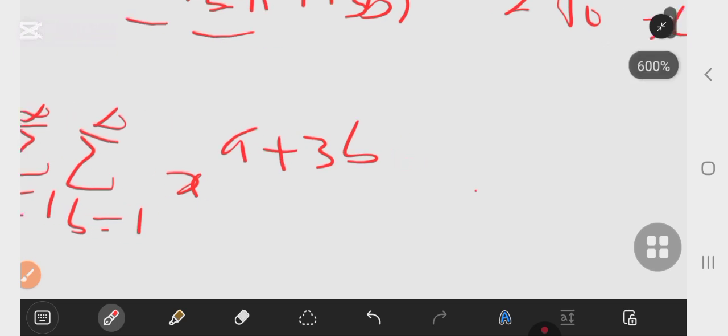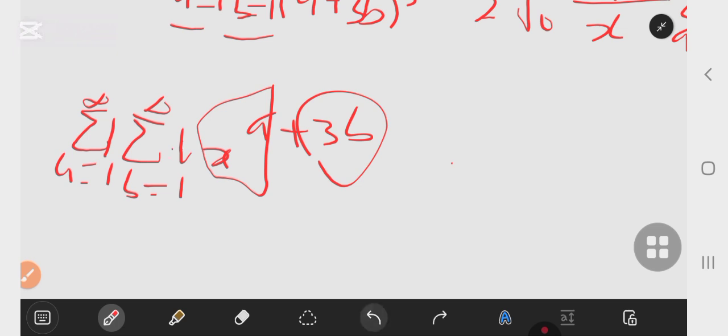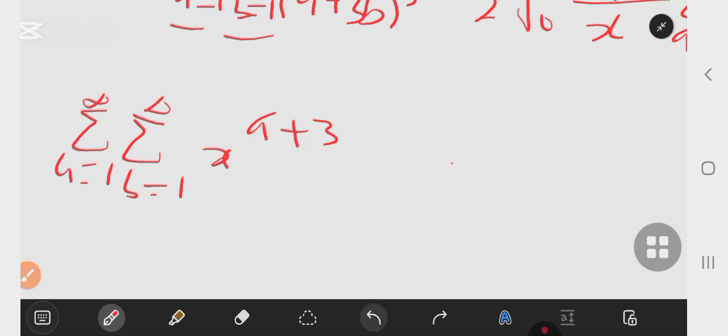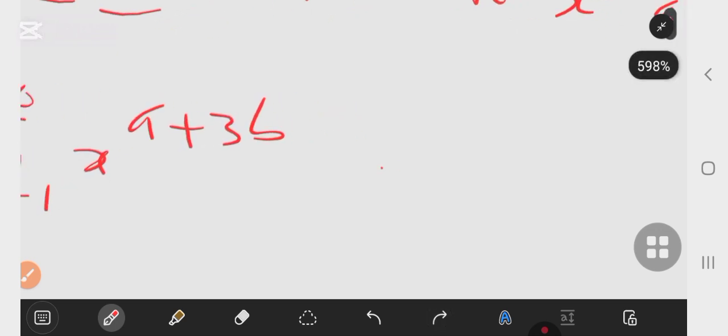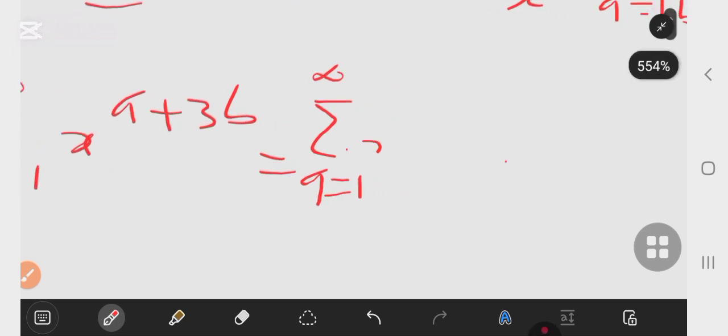Since this only has the components we're looking for, this sum a, then here only b is needed, so b cannot escape this sum. What we need to do is to share it for the two sums. So now I'll be having a from 1 up to infinity of x to the power of a.